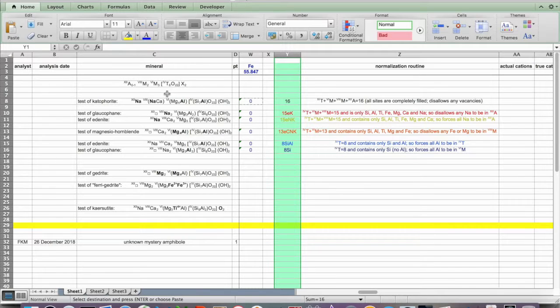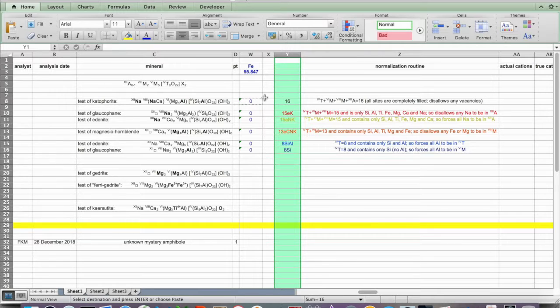And if you take a look here at the formula, you'll see 8 plus 5 plus 2 plus potentially up to 1. And that all adds up to 16. Okay, so that means every site is filled and no vacancies are allowed, including no vacancies in the A site. So that is one potential normalization routine for amphiboles. And we'll see later that this will work for some amphiboles, and will not work for other amphiboles.